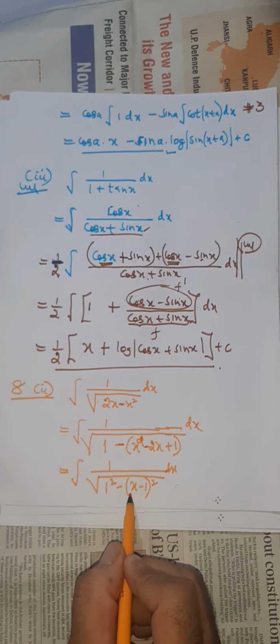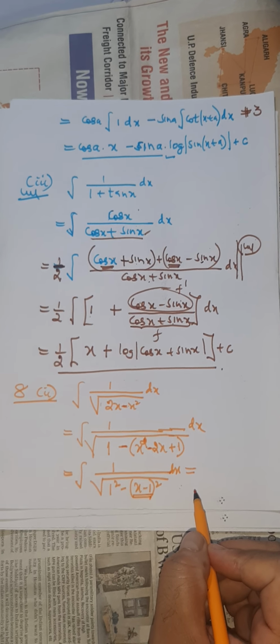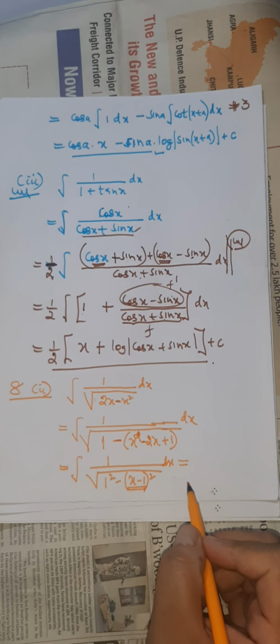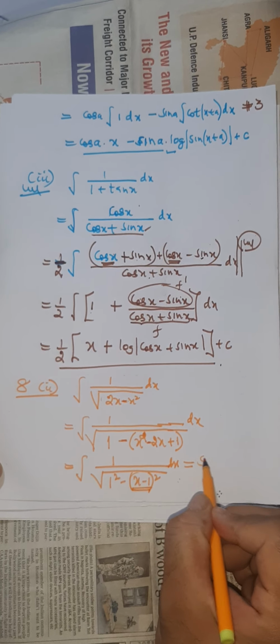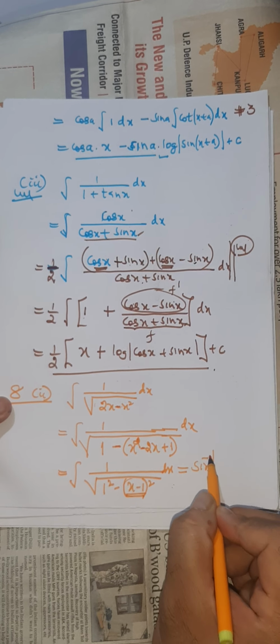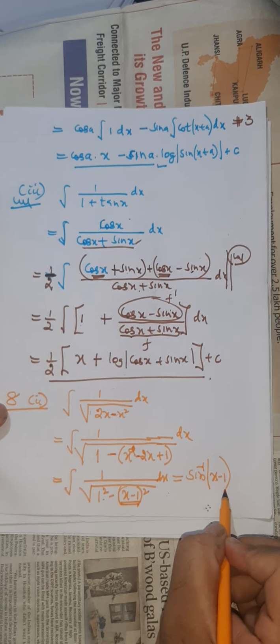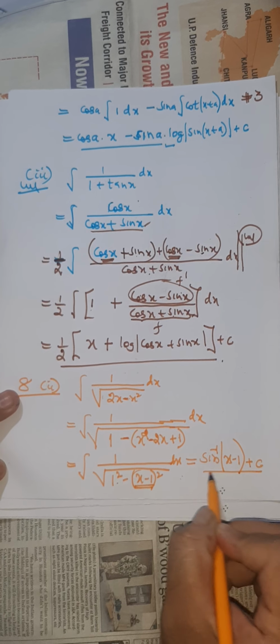Now this is a square minus x square. So you know, this is that sine inverse formula, 1 upon root of a square minus x squared. This is linear function. So it is just sine inverse x by a. A is 1 here, so just sine inverse x minus 1 plus c.